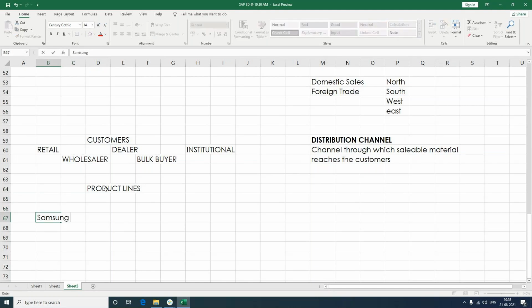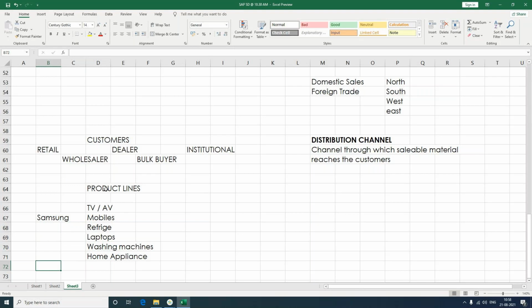We know that they are into selling TV and AV products, mobile phones, refrigerators, laptops, washing machines, home appliances. There are different ranges of products this company is trying to sell.